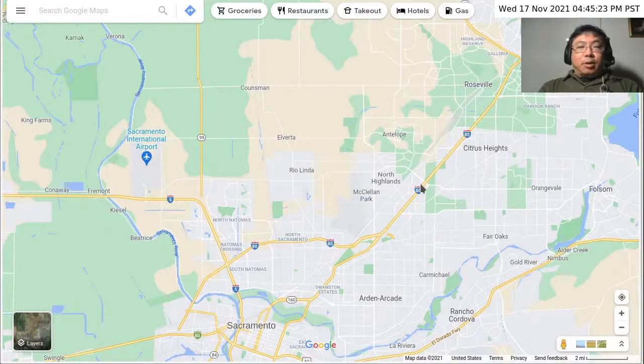Instead, we probably want to get onto Highway 80, and then you can get onto Highway 5 northbound, and then from Highway 5 northbound you can get to the airport. So what does this have to do with the heuristic function?